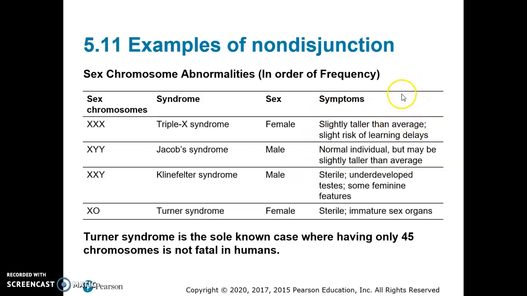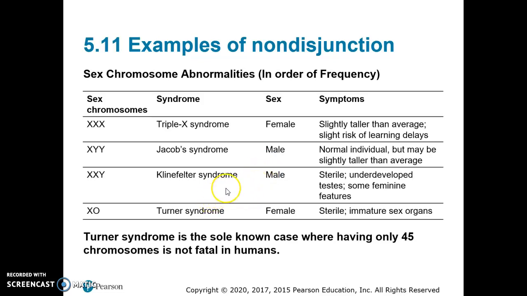So individuals who have the triple X syndrome can be slightly taller than average, and they tend to have more learning difficulties or learning disabilities. Jacobs syndrome is when the infant receives two Y chromosomes, and that individual will be male, because if there's a Y chromosome in the human genome, that determines maleness right there. And so by having two, the individual is still going to be male. They tend to be pretty normal individuals, but they tend to be slightly taller.